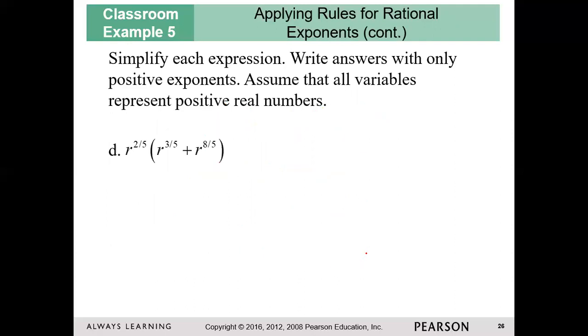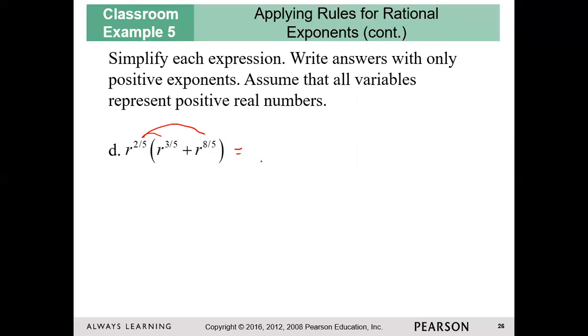Okay. All right, so this one's kind of neat because a lot of students look at this and they go, all right, well, I'll add these together first. Well, remember, you can't add these. You don't add these exponents. You can't multiply these exponents. The only thing that you can do initially is distribute this in. So this r to the 2/5 power gets distributed in.